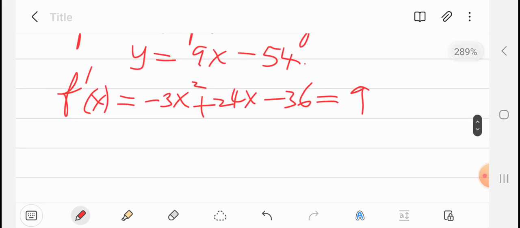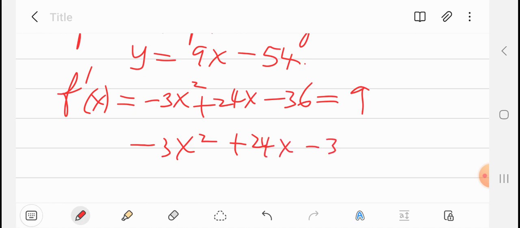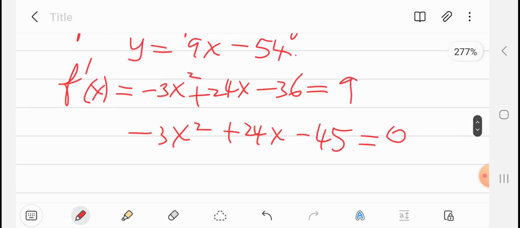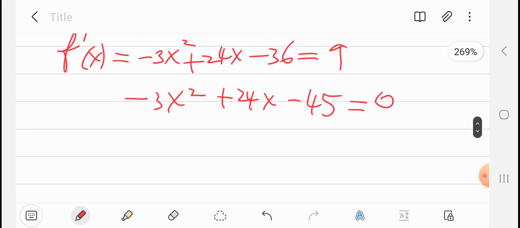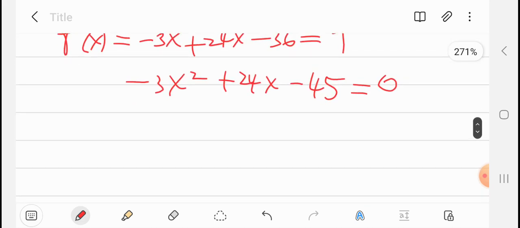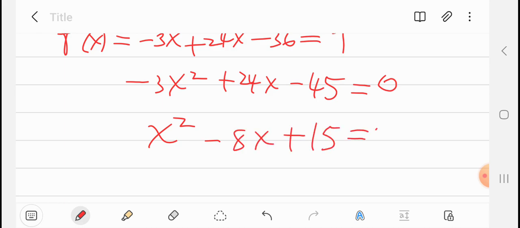Therefore minus 3x squared plus 24x minus 45 is equal to 0. We divide by minus 3, getting x squared minus 8x plus 15 equals 0.